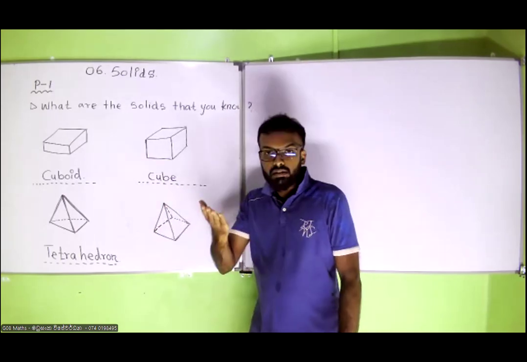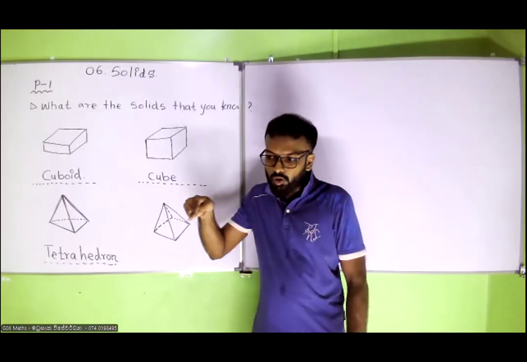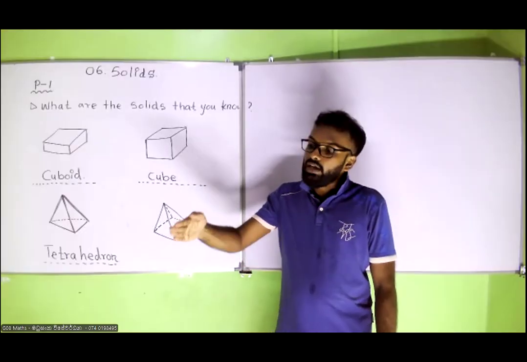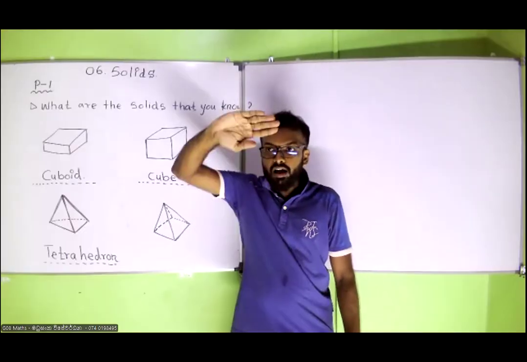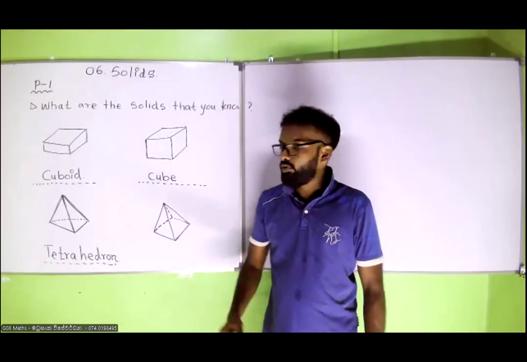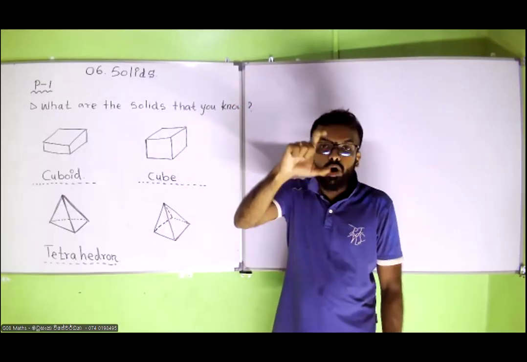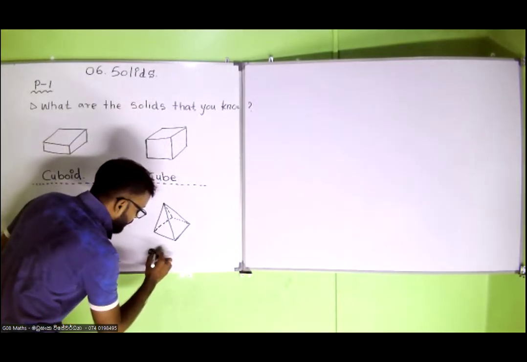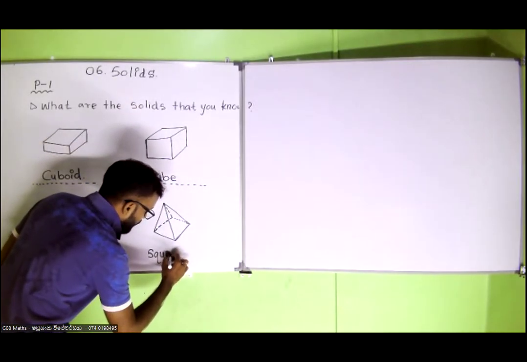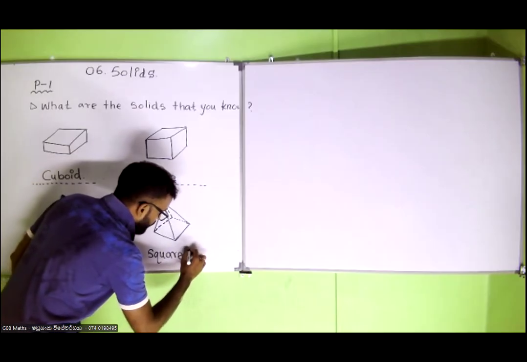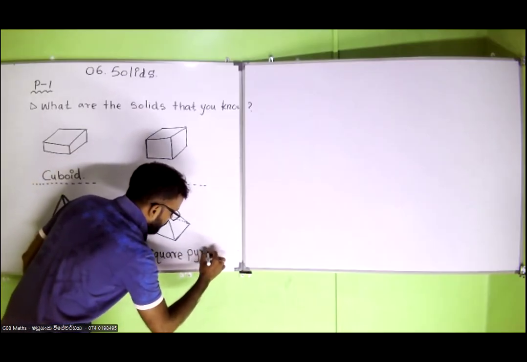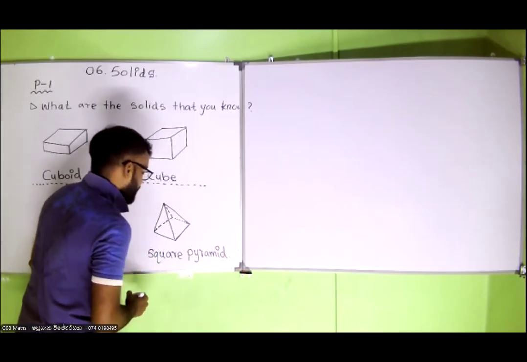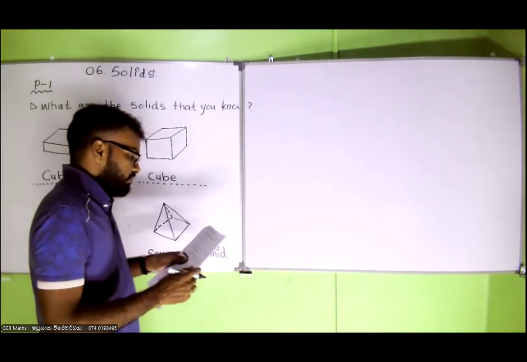The base is a square, all the lengths are equal in size, and all the other four sides are triangular shapes. So we call this a square pyramid. The fourth figure is the square pyramid. Then the last one.